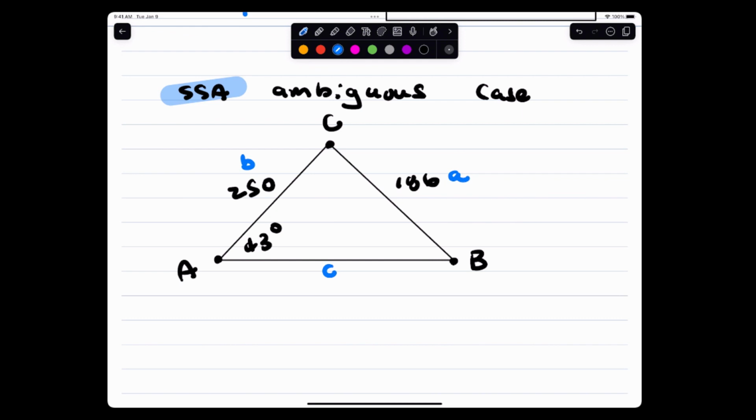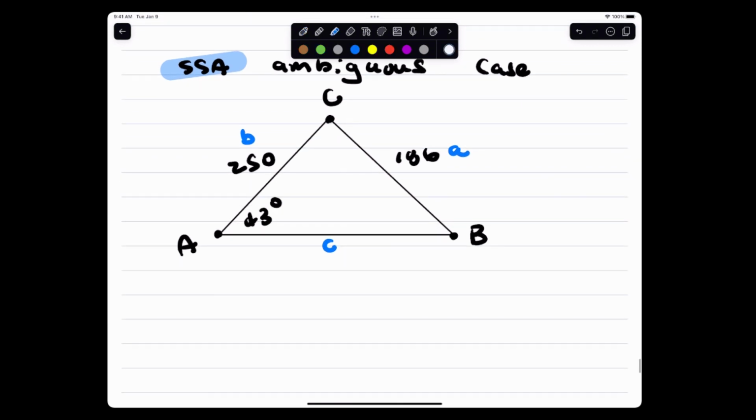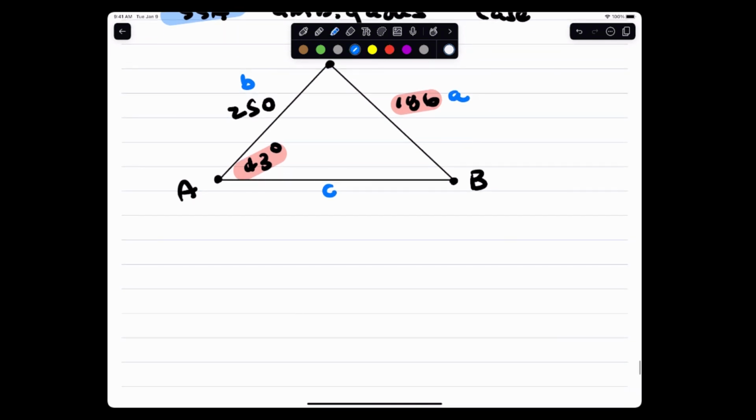All right, now for law of sines, what should you guys always use? You always have to start with what? The angle and the opposite side. Those have to be known. So because we have 43 degrees and 186, you always start with sine 43 degrees over 186 units. And what does that equal?